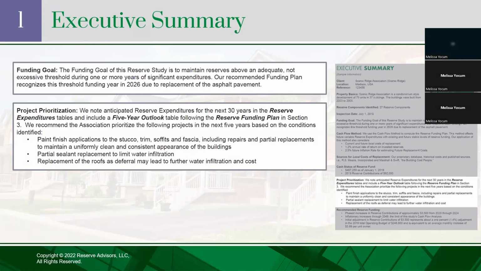We want to gradually fund for those, but we really want to call out those expenditures that we anticipate to occur over the next 5 years to really get them on your radar. And the thought there is Virginia does require reserve studies every 5 years. So it's between now and the next reserve study, which projects should we really focus on? Which projects are we seeing that are these near-term needs that should be a priority for you?